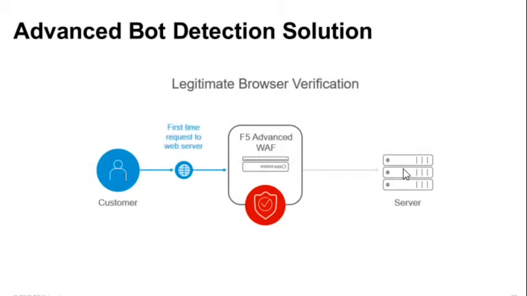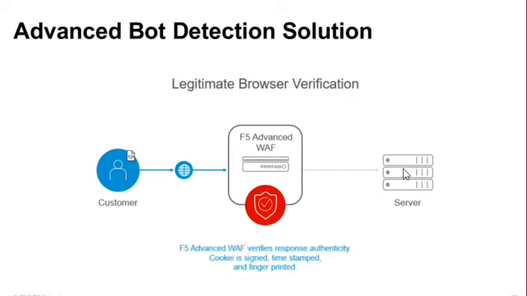Just looking at an example of how an advanced detection solution works, when somebody requests information from a web server or web application, the F5 appliance responds first. It does not allow the server to respond. It injects some JavaScript, which is a challenge. The user will then respond to that challenge. A bot cannot do that.